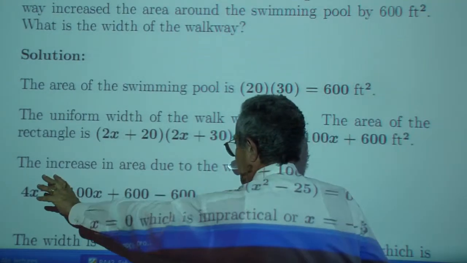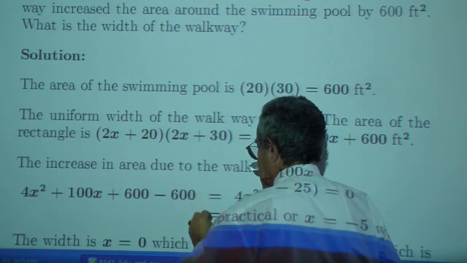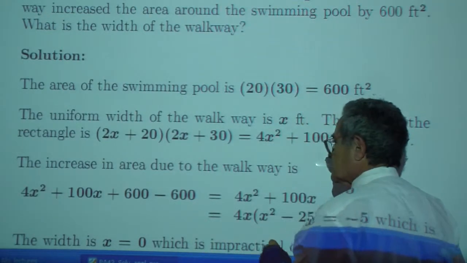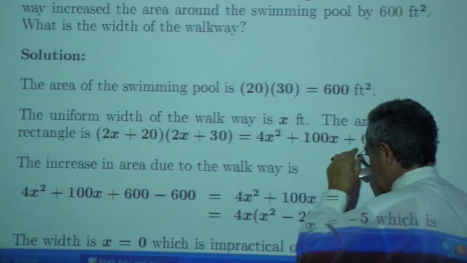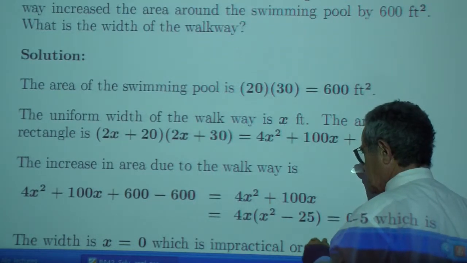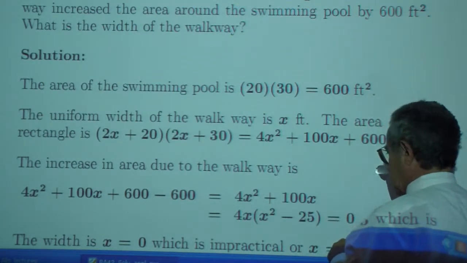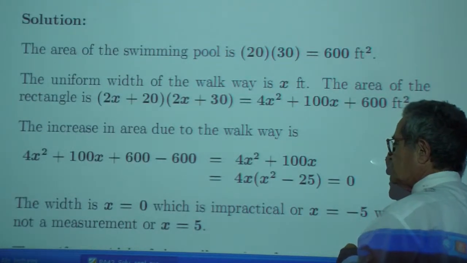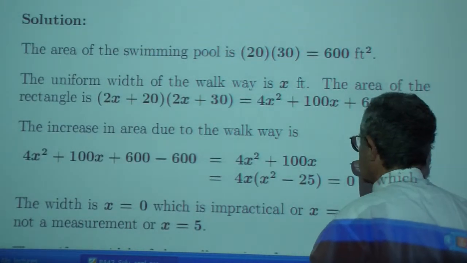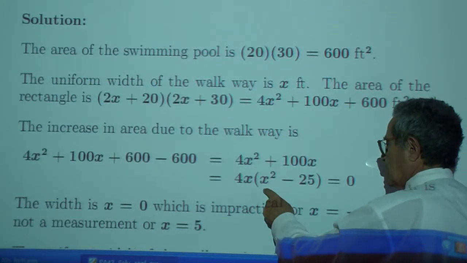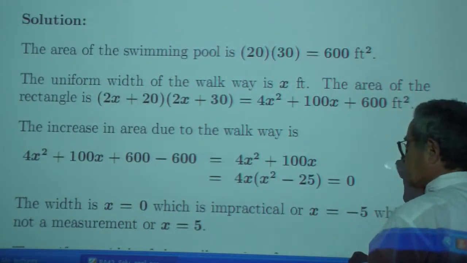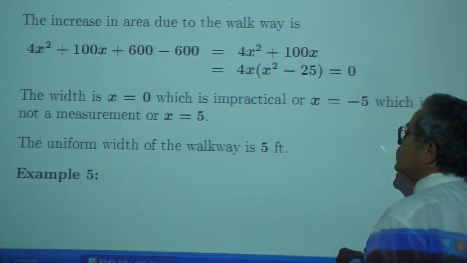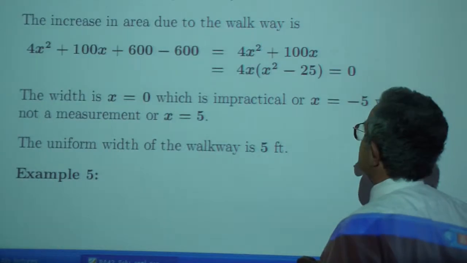Now the new area minus the original area, which was 600, is subtracted, and you are left with, again, the increase, which is 4x squared plus 100x, and you want that to be 0. So either x is 0 or x is 5 or x is negative 5. The uniform width of the walkway is 5 feet.